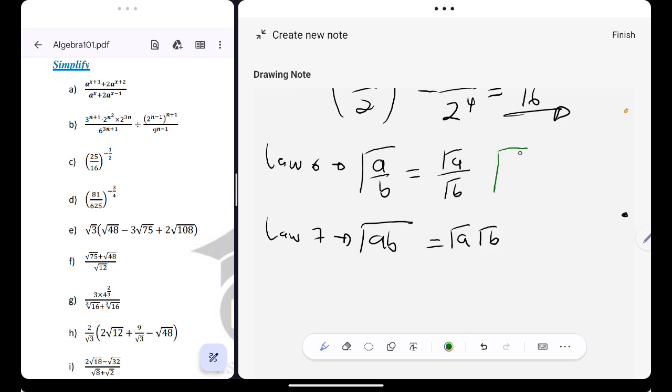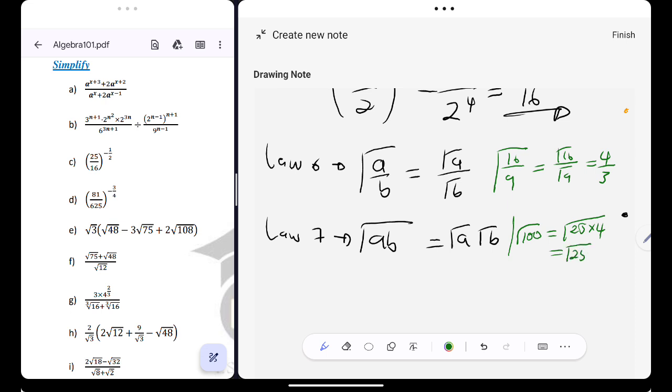Examples for both. If I have the square root of 16 over 9, I can write it as the square root of 16 over the square root of 9, which is 4 over 3. For this one, I can write the square root of 100 as 25 multiplied by 4.